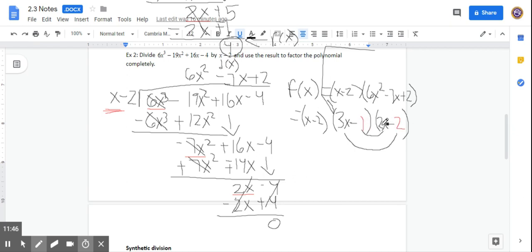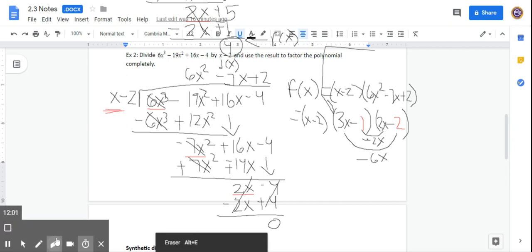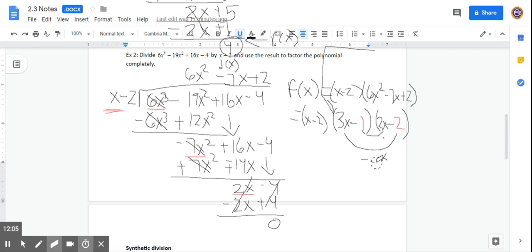So negative 2 times 2x would be negative 4x... rather, negative 2 times 2x would be negative 2x, and 3x times negative 2 would be negative 6x, which combined does not equal negative 7x. So we need to pick something else. Let's switch them.